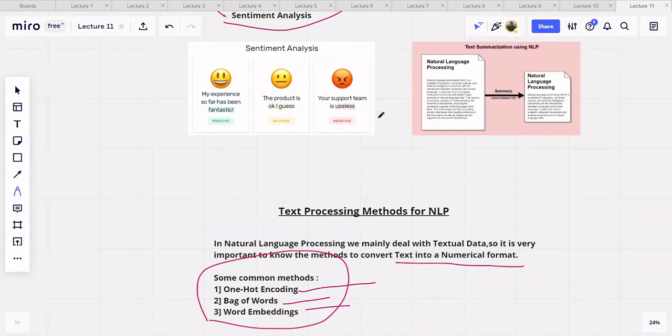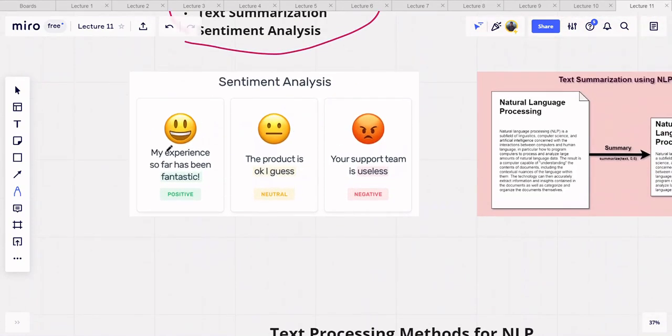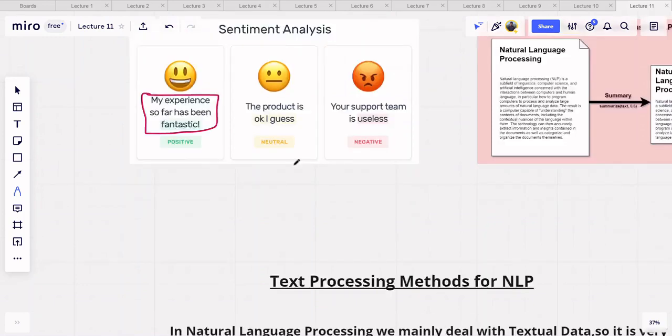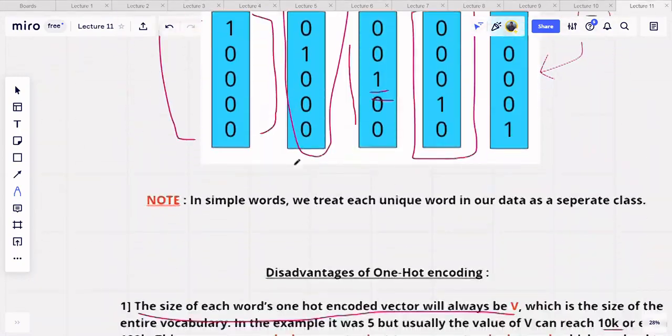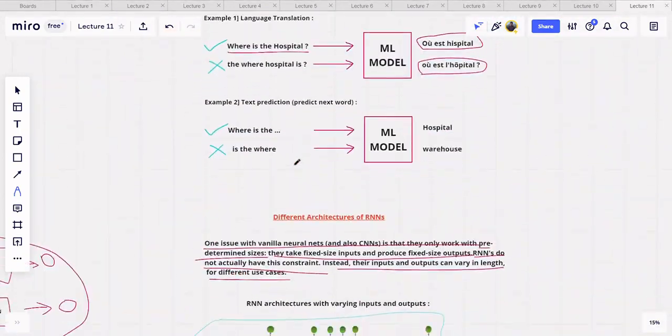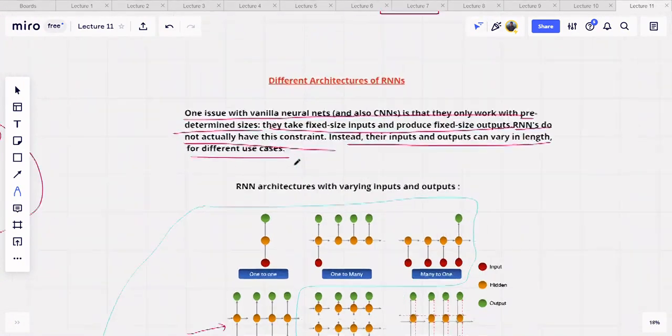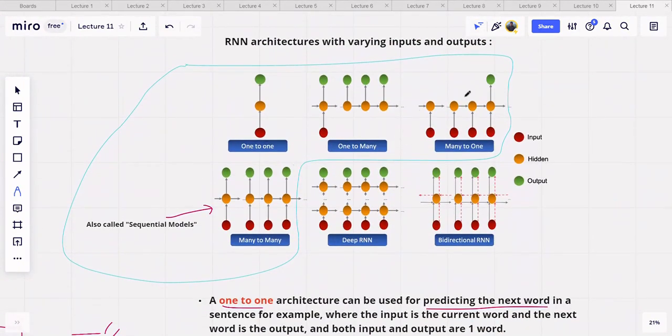In sentiment analysis, we give a sentence to our model, and we expect the model to predict the sentiment. The sentiment can be either positive, negative, or neutral. So this is an example of a many to one relationship. We are sending multiple words to the model, and we are getting one output.